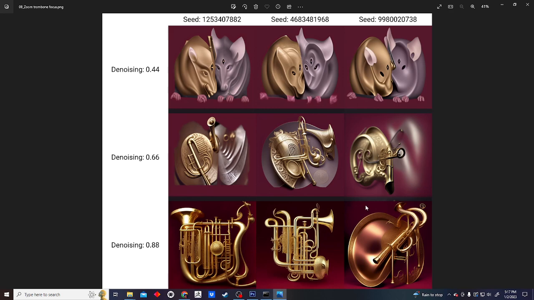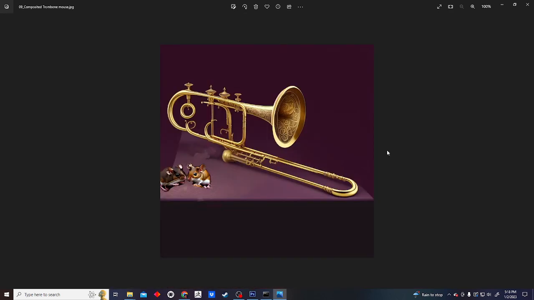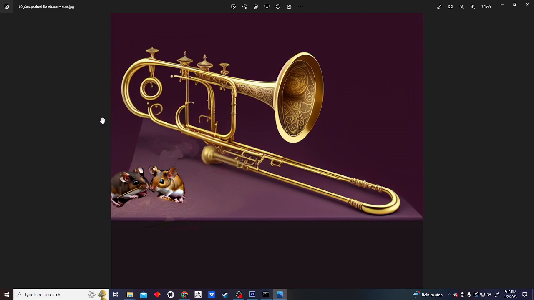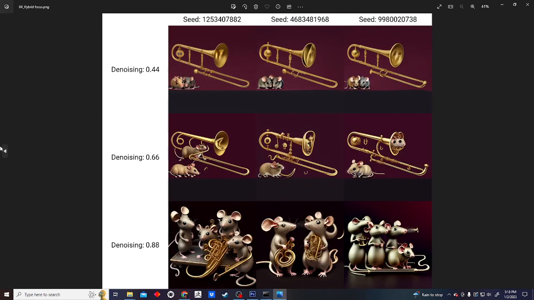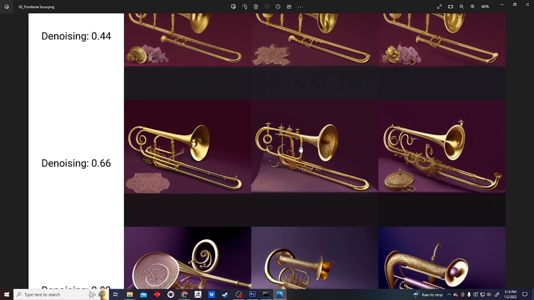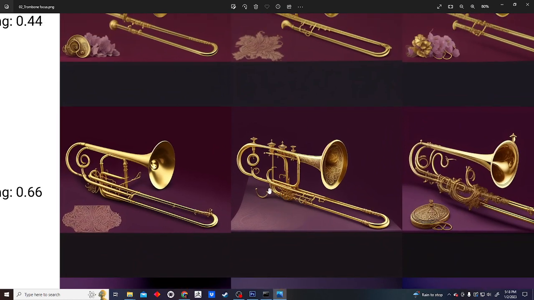Because with the AI, it's very easy to get cool stuff, but getting cool stuff that you have influence over is dramatically more challenging. So then I took some of my favorite mice, and some of my favorite trombone, and I noticed all of the trombones actually are not functional as trombones because they don't have a mouthpiece anymore.